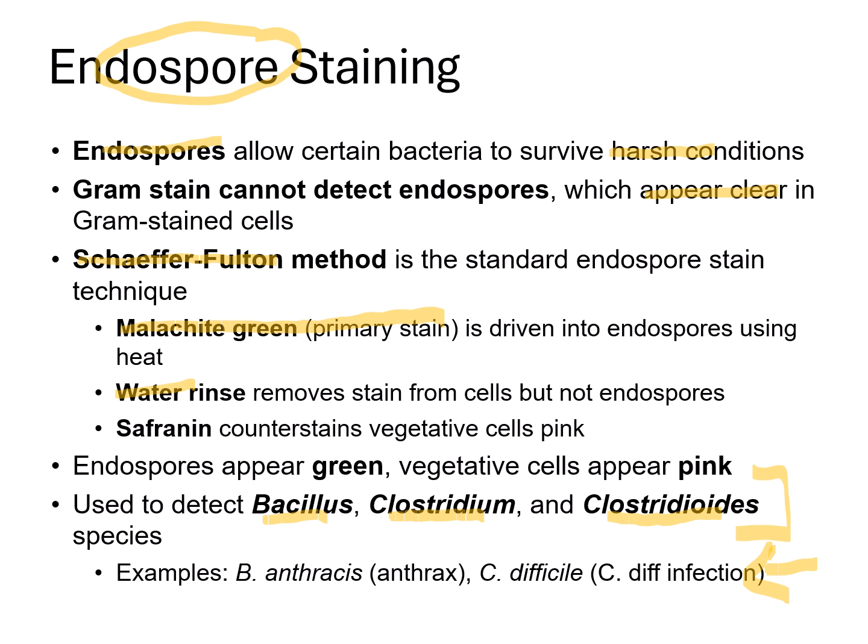And malachite green will be removed from the cells, but not from the endospores. So these will stay green. Finally, our counter stain will be safranin, the same safranin that we used in the gram stain, and that is going to stain the rest of the cell pink. So cells will appear pink, and if there are endospores present, they're going to appear green.